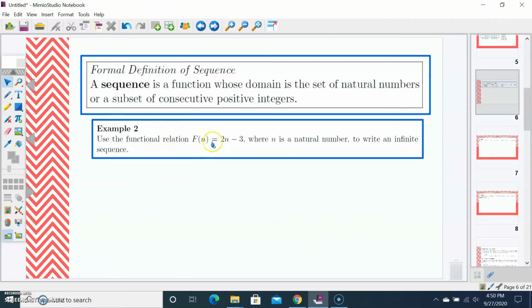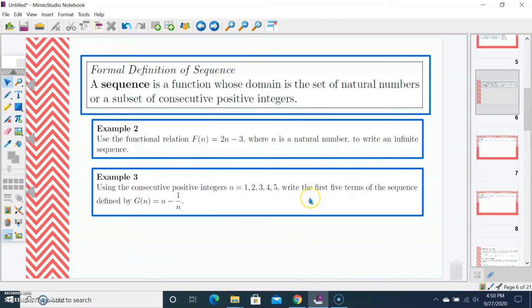Just like what we have here in the formal definition, the domain must be the set of natural numbers or a subset of consecutive positive integers. Kailangan positive yung domain. Positive yung mga numbers na nasa domain.